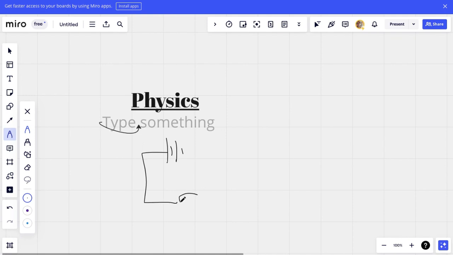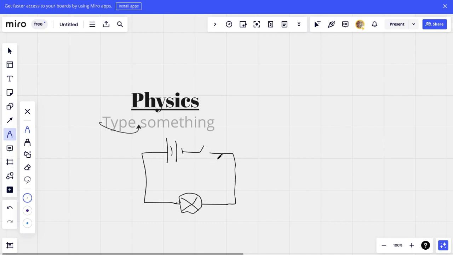And then we have a bulb here. Let's say we have a switch. This is a simple electrical circuit.